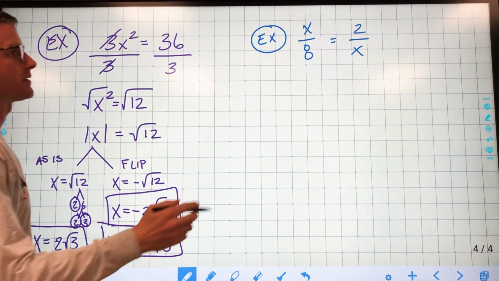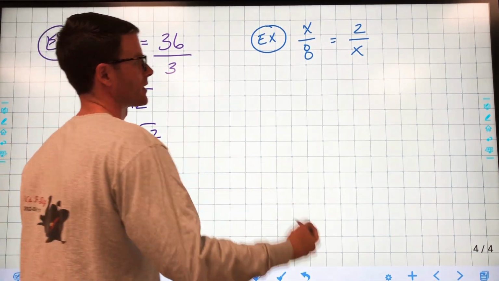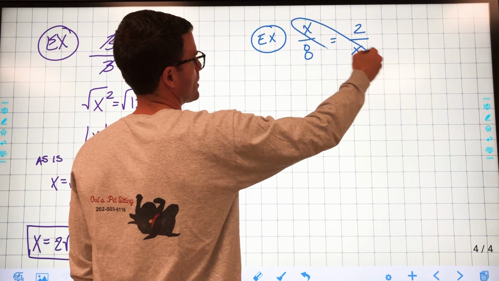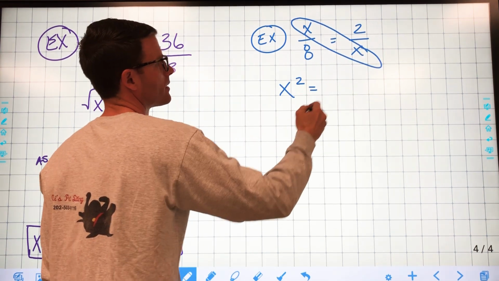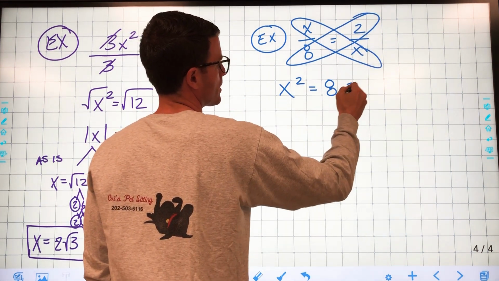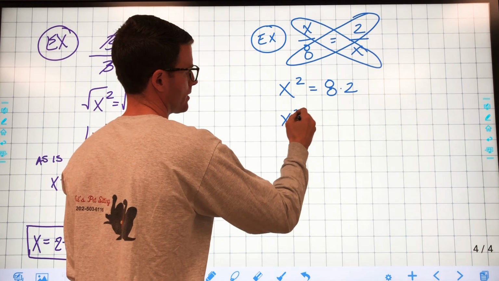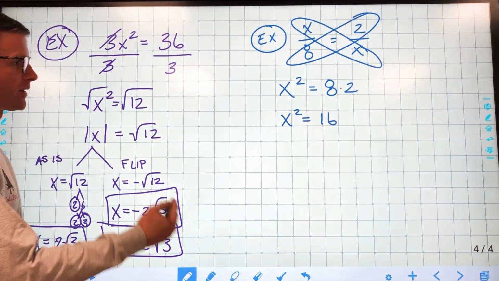So I have two fractions with an equal sign in between them, so I know that I can cross multiply to solve here. So I'm going to go ahead, circle, get x times x, which is x squared, equals 8 times 2. So I get x squared equals 16. And from here, everything that we've been doing previously.